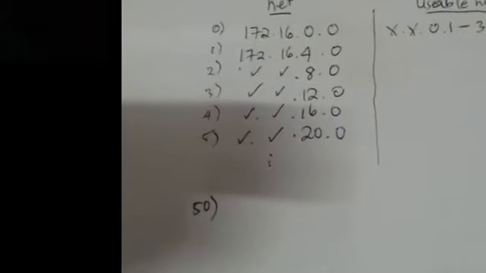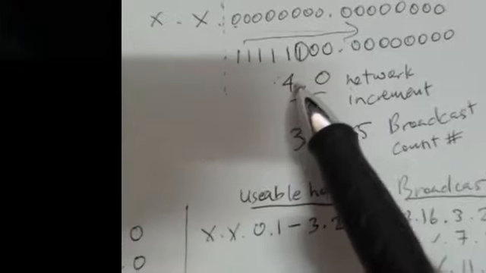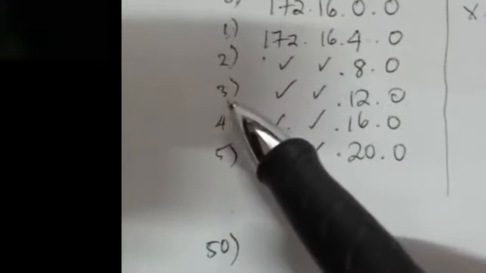Well, one way is to look at the number here. See, I started with 0. If you look at 1, you multiply it with the network increment number. 4 by 1 gives you 4. If you go 4 times 2, it gives you 8. And then 4 times 3, 12. 4 4s, 16.